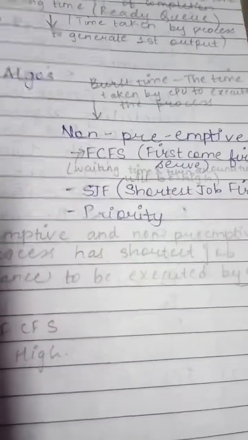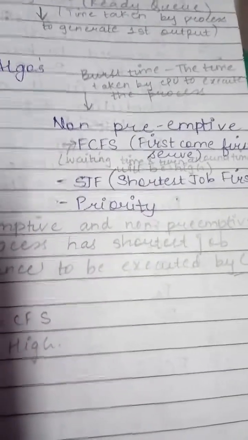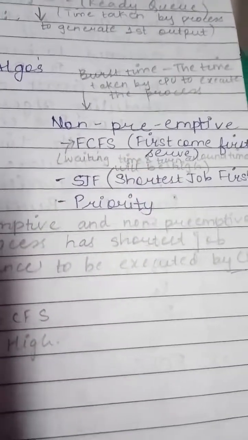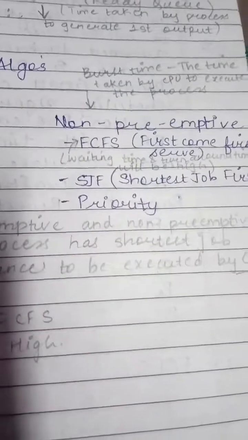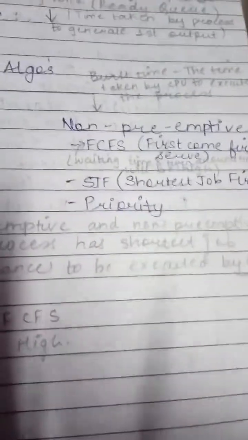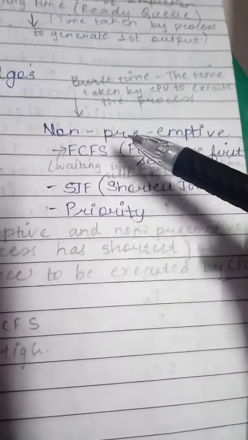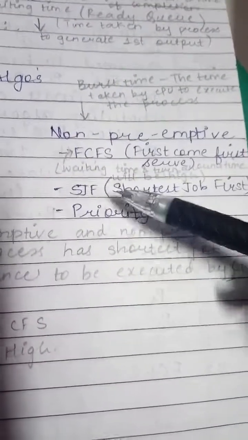Whichever process has the highest priority will be given the CPU first. So this was all about non-preemptive, 3 types: first come first serve, shortest job first, and priority scheduling.